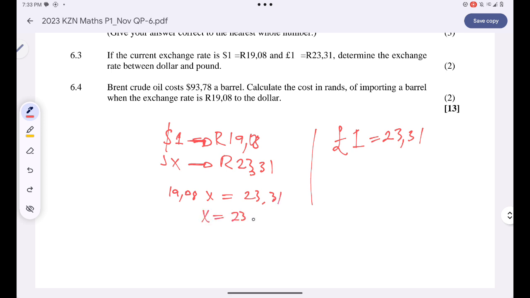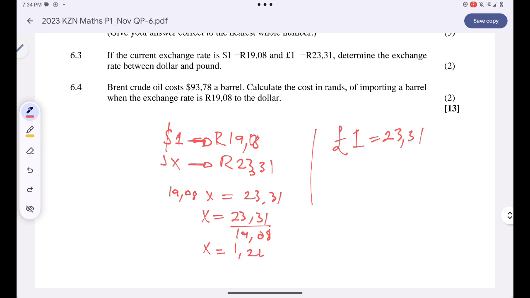Then x is just 23.31 over 19.08. What do I get? 23.31 divided by 19.08. So x is simply 1.22.